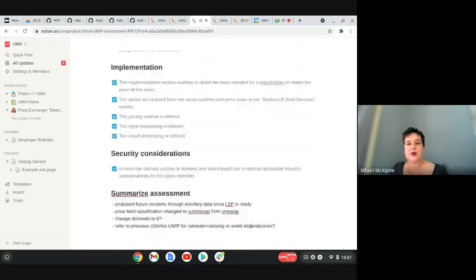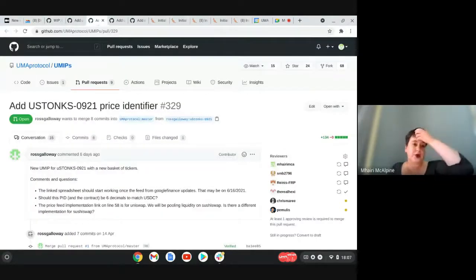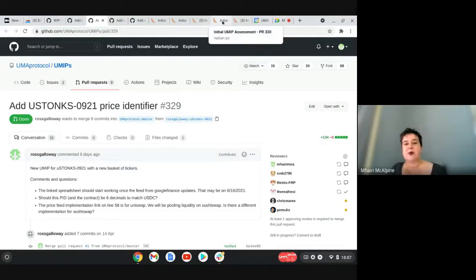There was a couple of issues raised by Ross, who had some queries, in particular around decimals, where he wasn't very sure whether it needed to be rounded to 6 decimals to match USDC.